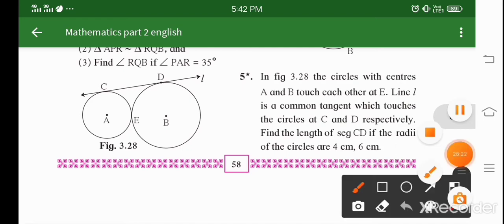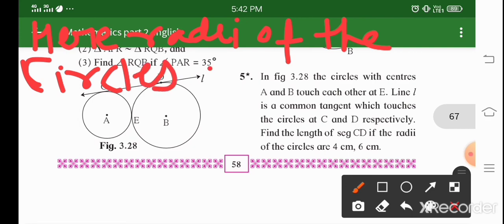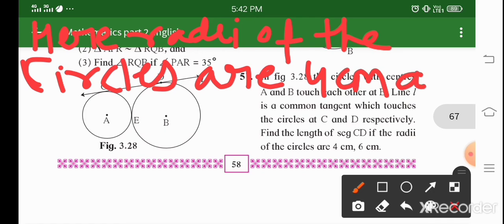सी अभी हम लोग उसमें कैसे लिखो, आप just write over there here radii, right? Whatever the given thing is there, just write it down. So you can just write radii of the circles are 4 centimeter and 6 centimeter, right?